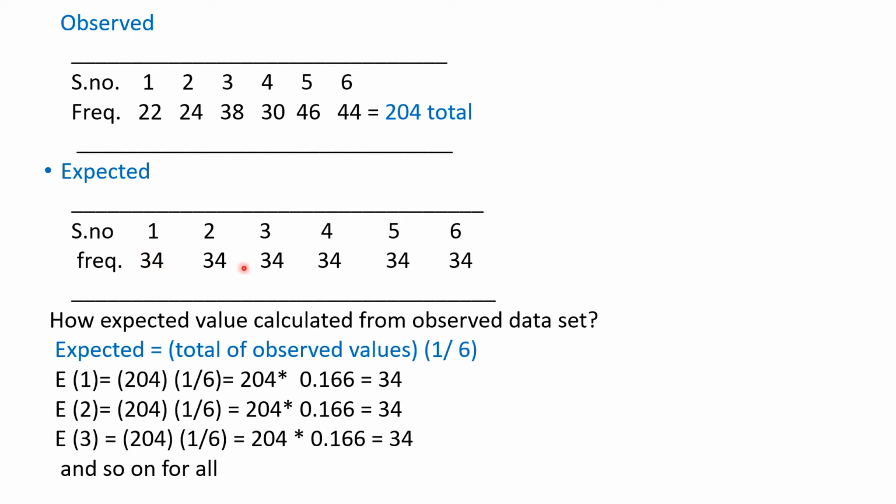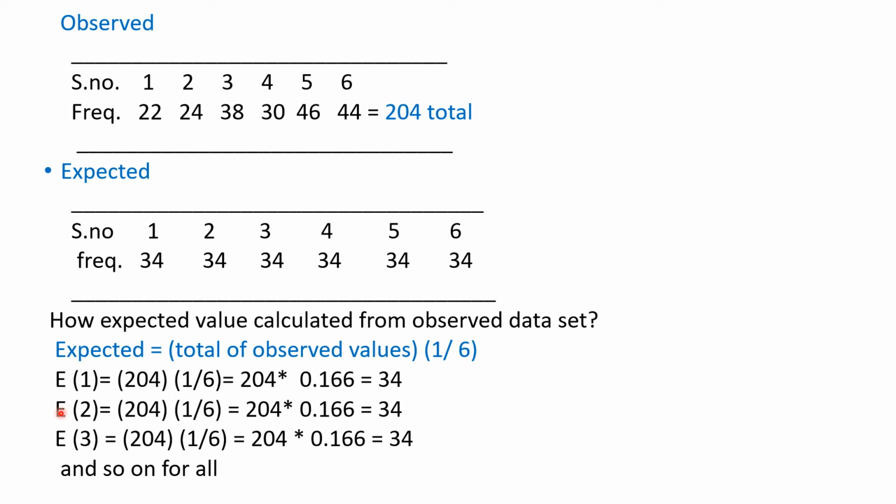So it will be just like a constant number for the whole data set. And why is the expected value the same? Total number multiplied by 1 divided by 6.